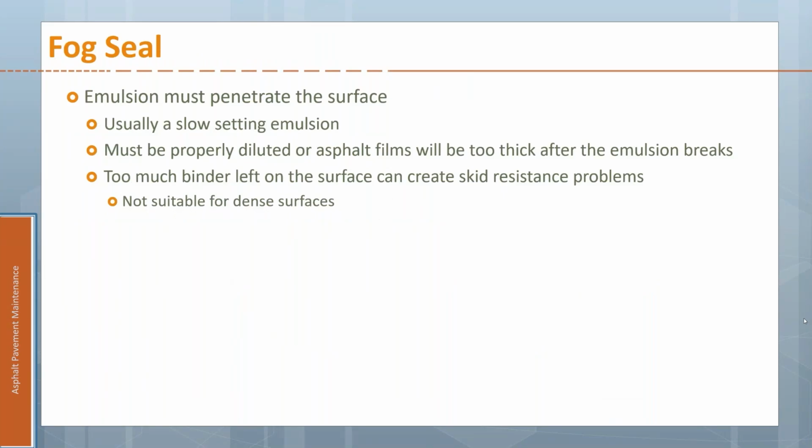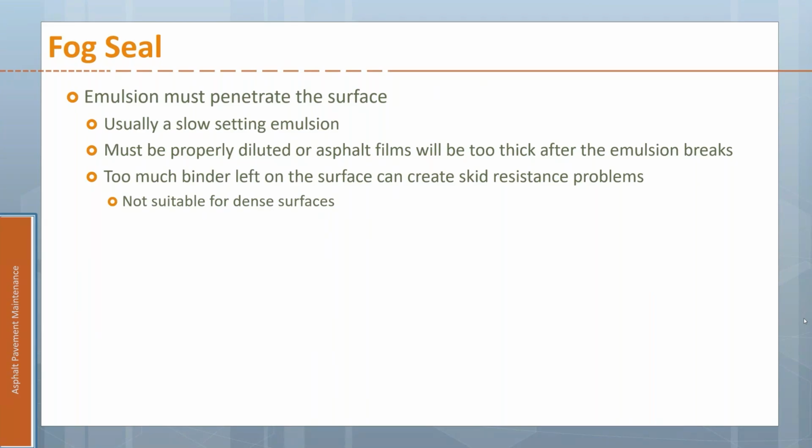So for a fog seal, what we're really wanting to happen is that this light spray of oil needs to soak into the surface. So for that reason, we want it usually to be a slow setting emulsion because we want it to have time to soak into that surface. It needs to be properly diluted so that it's thin enough to soak into those spaces and then not be too thick after the emulsion breaks.